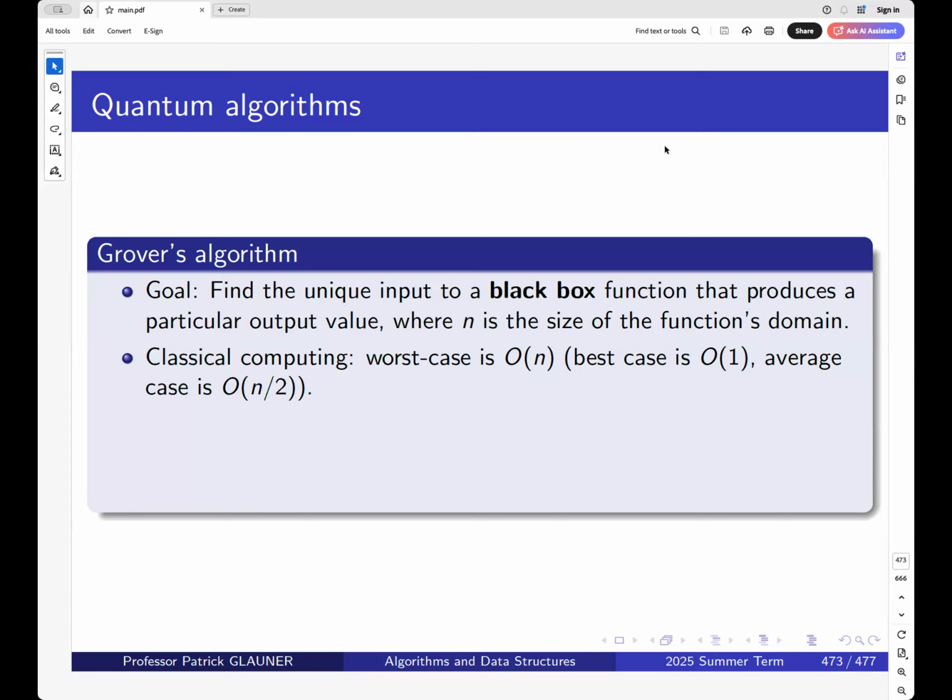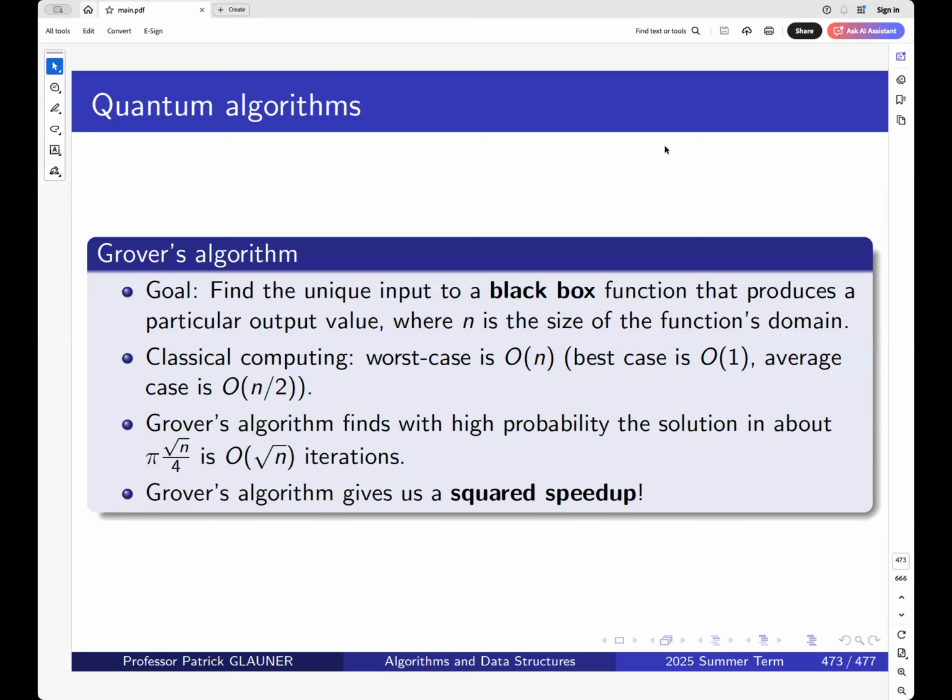Now, with traditional computing, I'm unable to advance here. But with the so-called Grover's algorithm, I am able to do this better with a quantum computer. And not just better in terms of a constant factor, but better in terms of the complexity class.